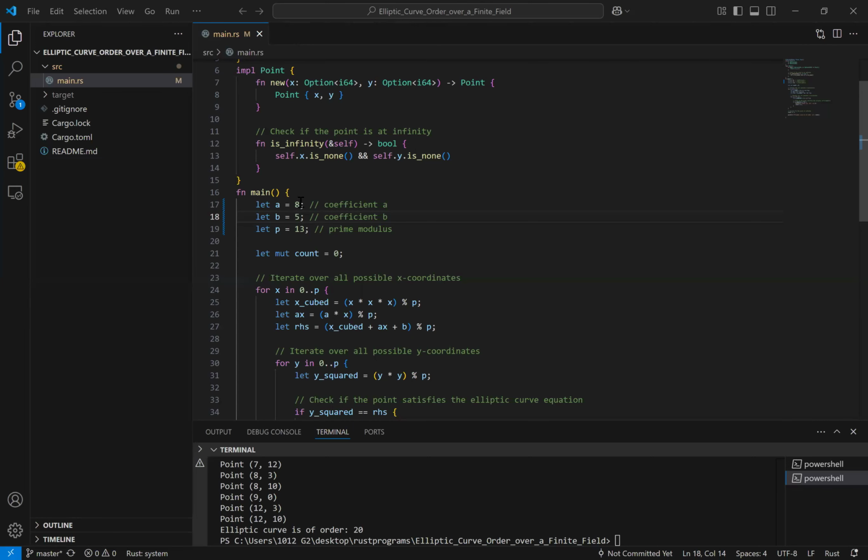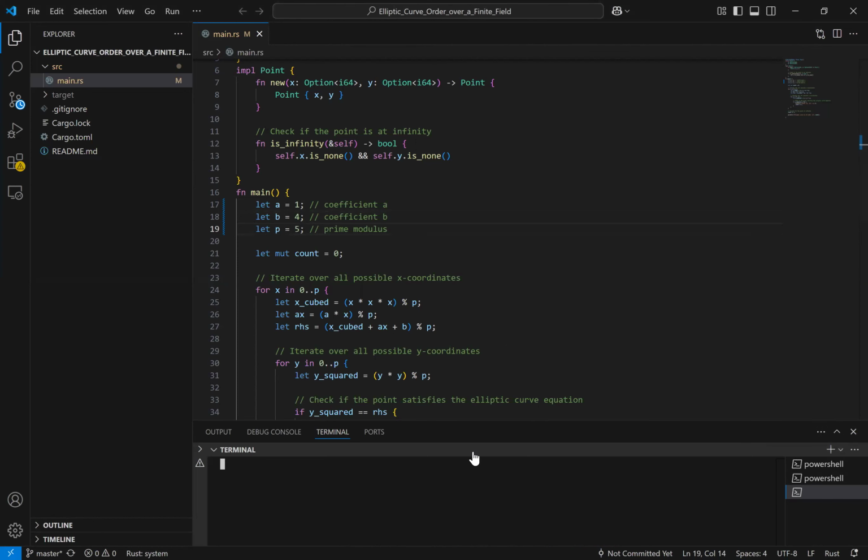We want to see whether this curve has 9 points. And if it has 9 points, then it's the curve we are looking for.